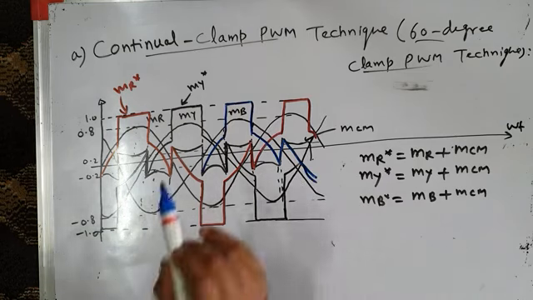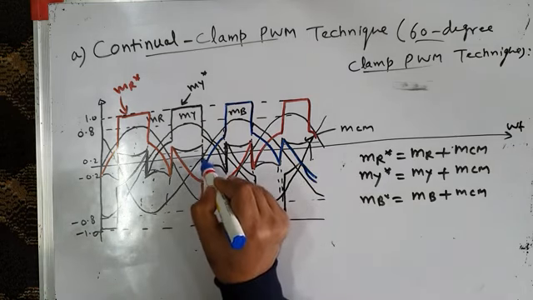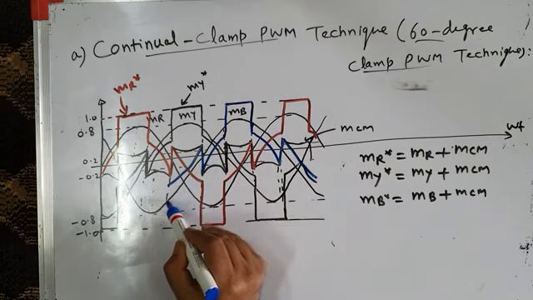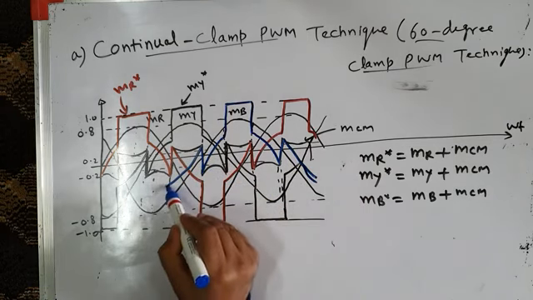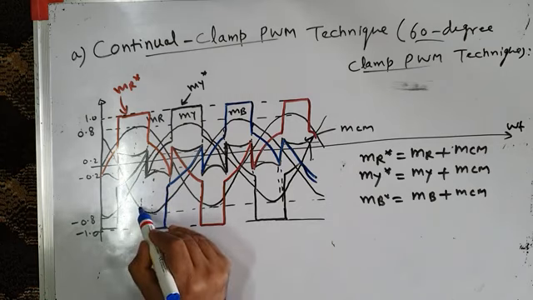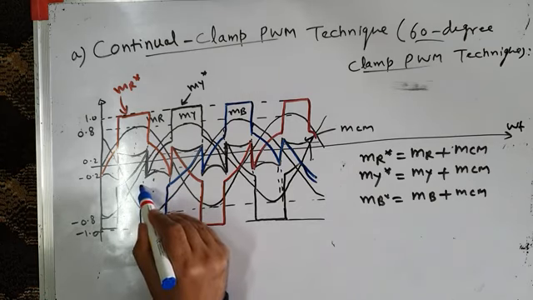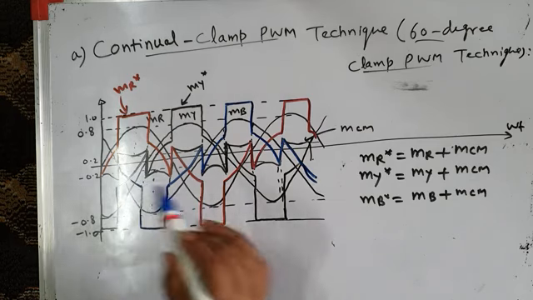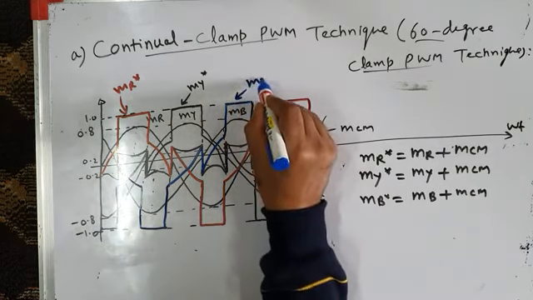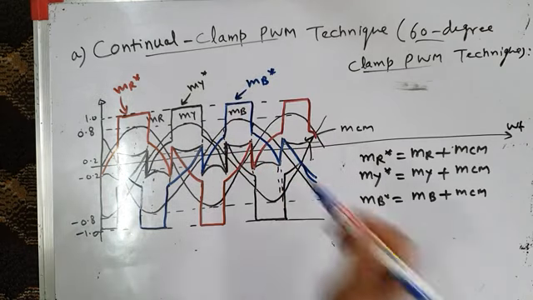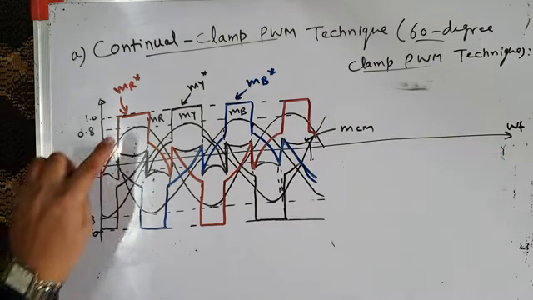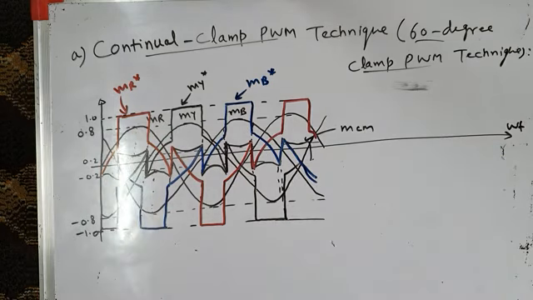Similarly here it will go up, come down like this. And this MB is negative over this 60-degree interval, it will clamp it to negative DC bus, so it will be minus 1.0. Okay, so it will be like this. So this is your MB star. So this is how I calculate the modified modulating waves: MR star, MY star, and MB star.